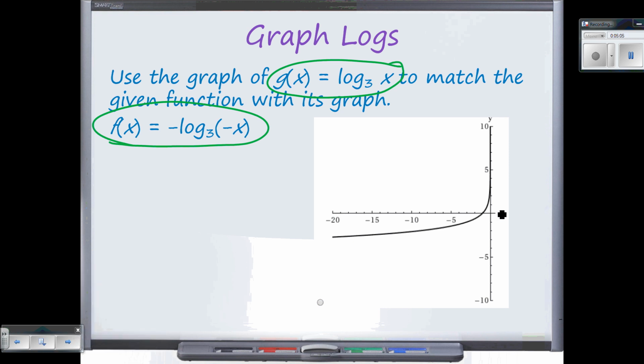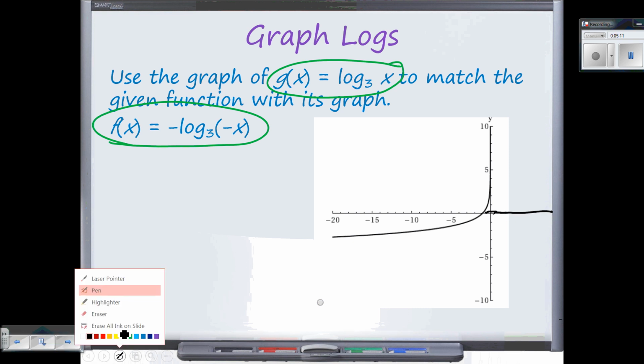Now I'm going to extend this axis out a bit just so you can see it better. Our parent function, log base 3 of x, I'm going to change color so you can see it, simply comes this way.